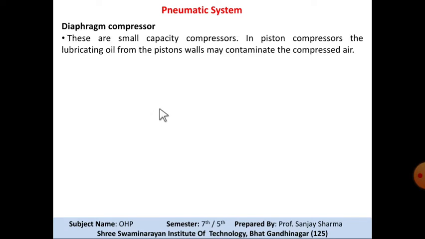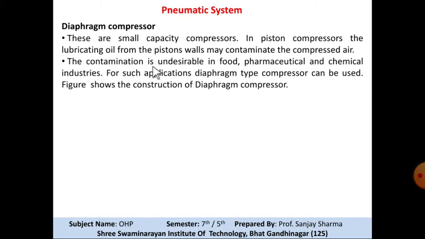Now the diaphragm type compressor. These are small capacity compressors. In a piston compressor, the lubricating oil from the piston's wall may contaminate the compressed air. The contamination is undesirable in the food, pharmaceutical and chemical industry.